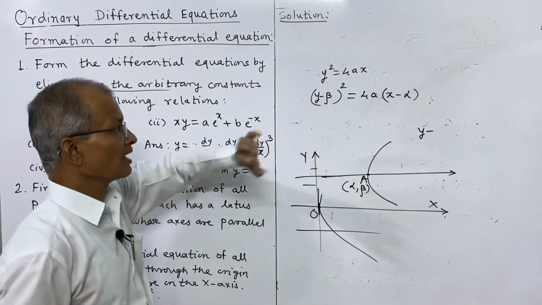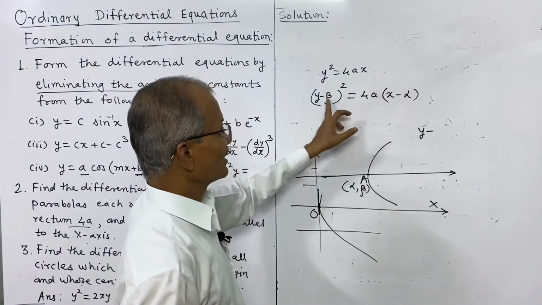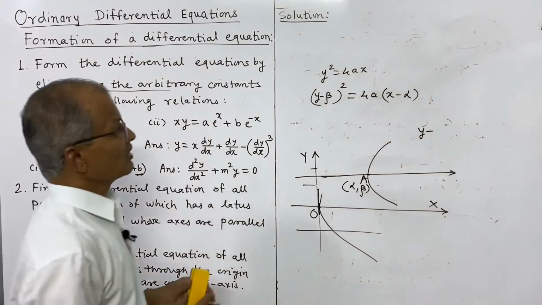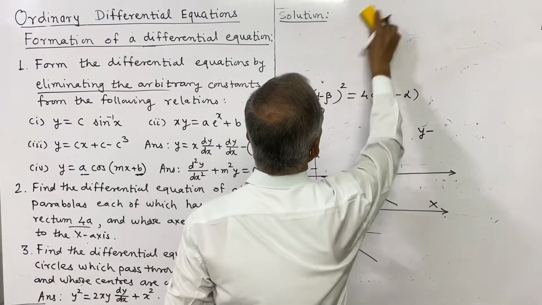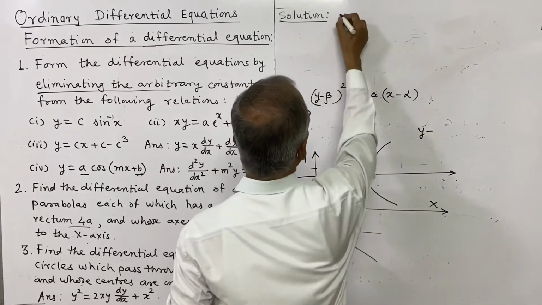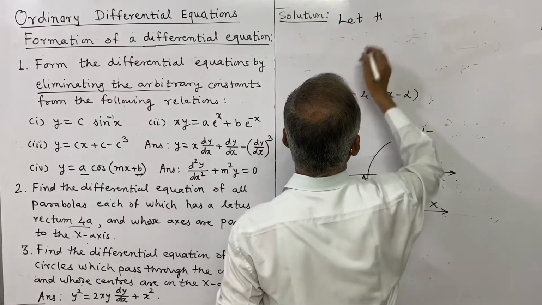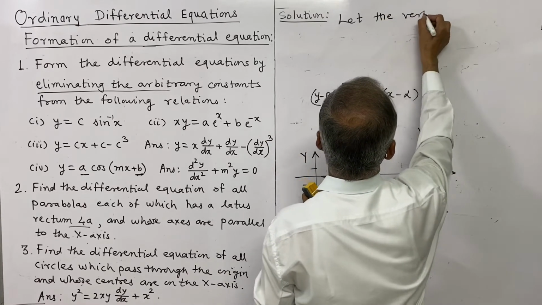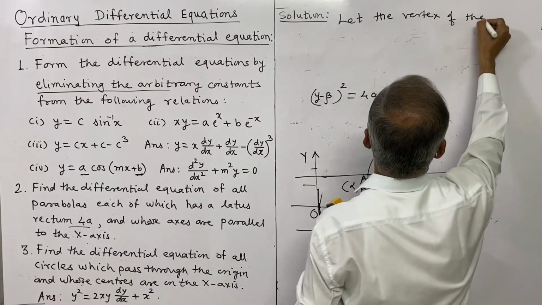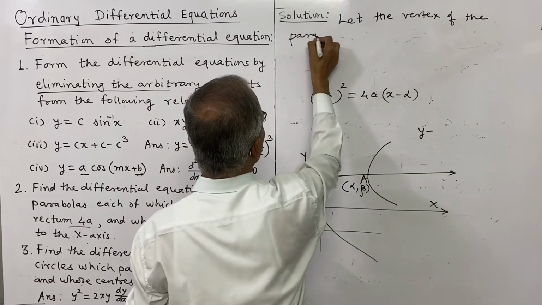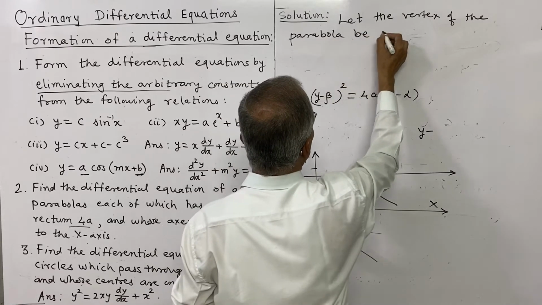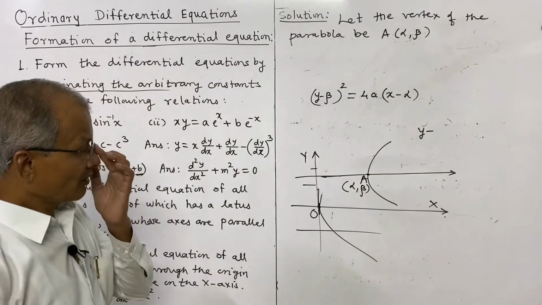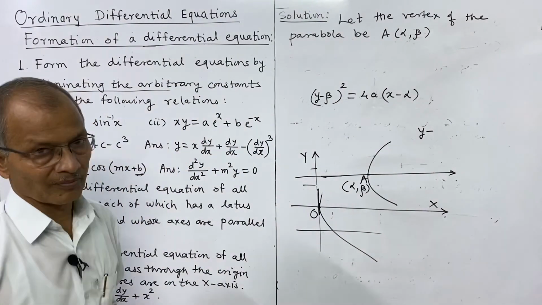And see, there are two arbitrary constants, alpha and beta. A is not an arbitrary constant, that is given. 4a is the latus rectum. So we shall write the equation of the parabola. Let the vertex of the parabola be alpha comma beta. For example, we have denoted the coordinates by the Greek letters alpha, beta.